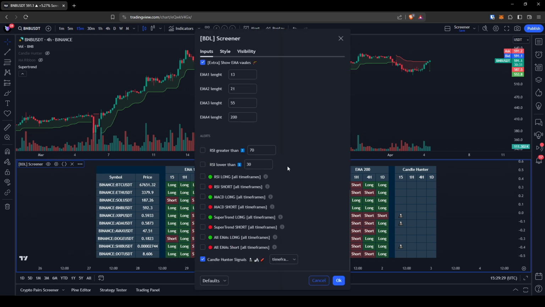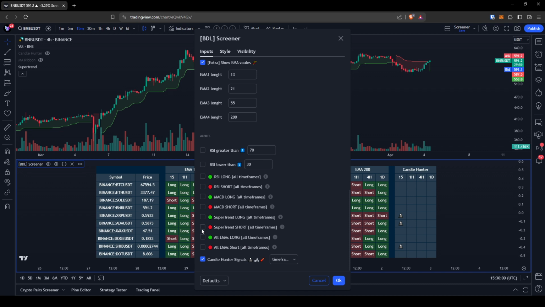Let's have a look in the settings. It's the Candle Hunter, Mountain, Valley, and the Firecrackers, our favorite ones. And we come to the last part of the indicators, the alerts. The alerts are pretty interesting because, of course, we don't want to watch the screener all the time. We want to know what's going on in specific moments, and there are many options.